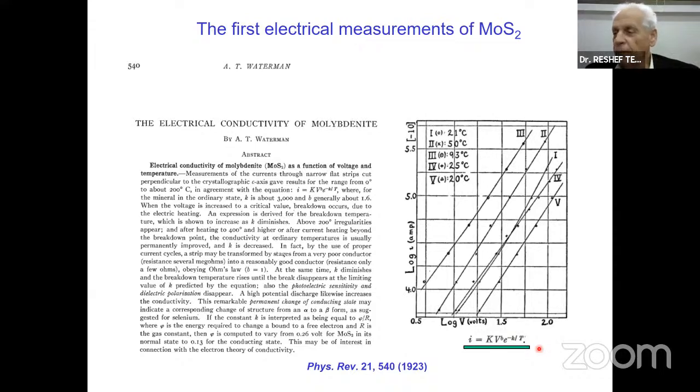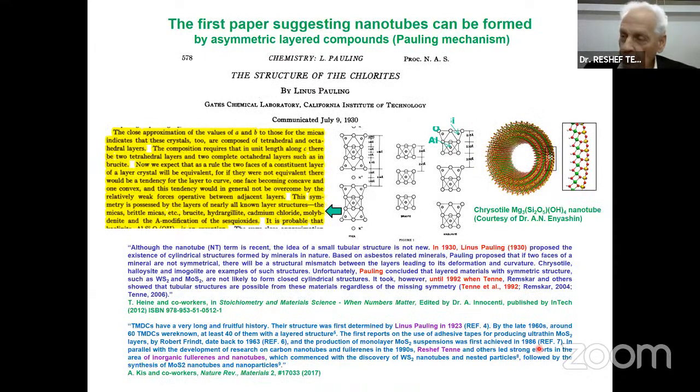Now let me jump into the topic of nanotubes. There are two important slides that I show now. The first one was by Linus Pauling. In 1930, once he finished his PhD, he went on to study chlorides, silicates, aluminosilicates, germanium silicates, magnesium silicates, and magnesium aluminates.